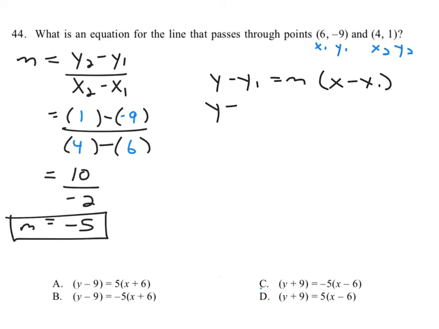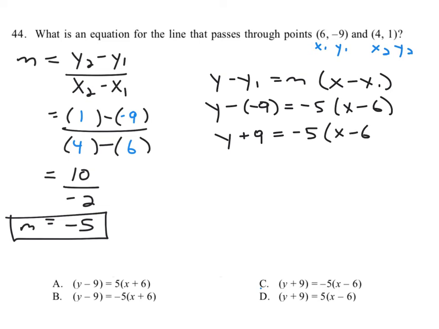It is -9. M, the slope that we just found, is -5, parentheses, x minus, what's the x coordinate? The x coordinate was 6. And if we then simplify that, we get y plus 9 equals -5, parentheses, x minus 6.